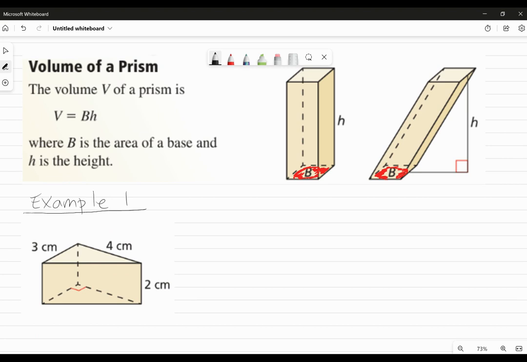All right, so just like we did with surface area, we're going to take a look at naming the figures and then using the formulas. So in this prism, we have a triangular prism.